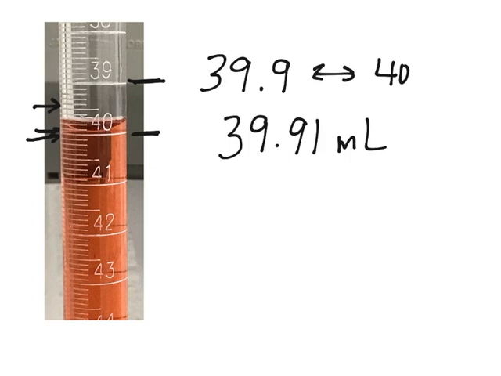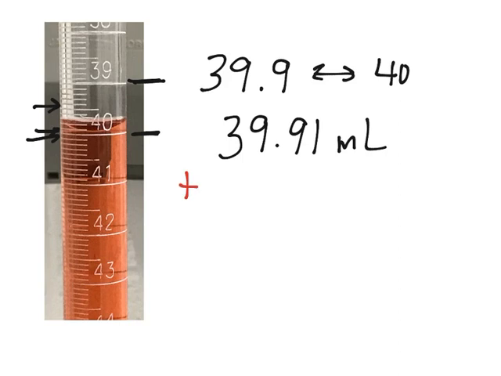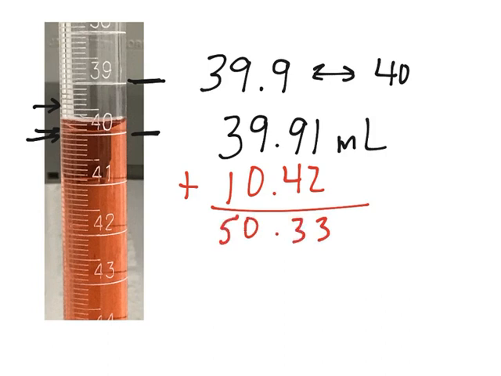So since this is reading backwards and we need to apply 10.42 milliliters of acid, we will, instead of subtracting, actually add 10.42 milliliters to this. So that would show a reading of 50.33 milliliters.